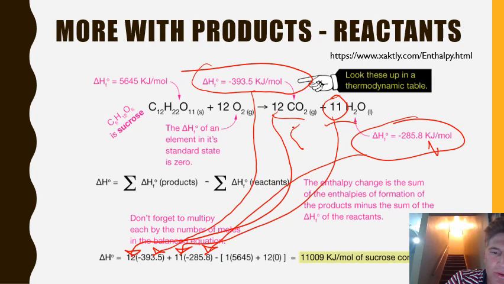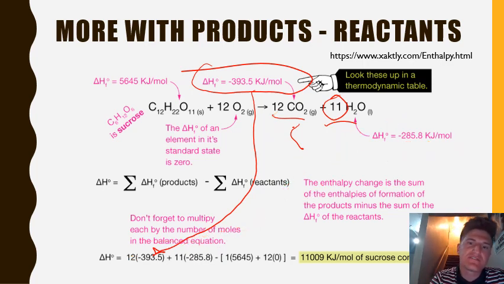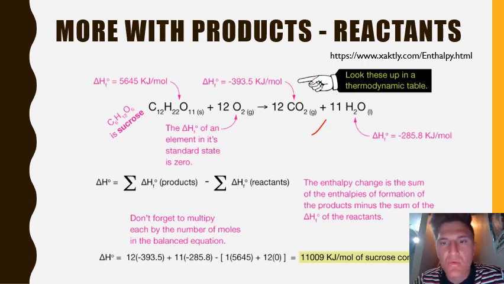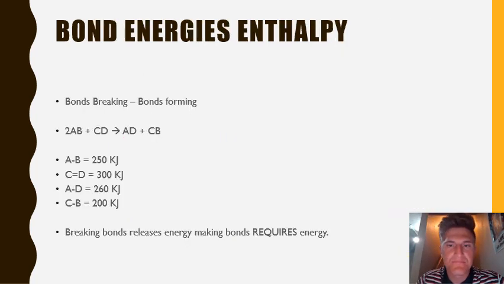So this is a very important aspect to remember, because as we do products minus reactants, it's very important to remember the sign of all of these things. And we need to always remember that it takes energy to form bonds, and we release energy when we break bonds. And that's actually going to lead us into this next part very well.